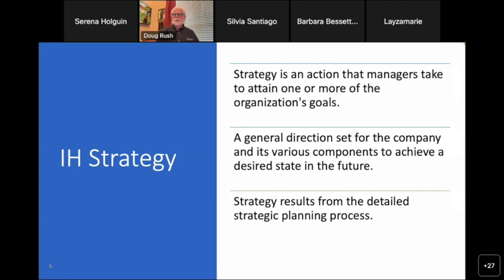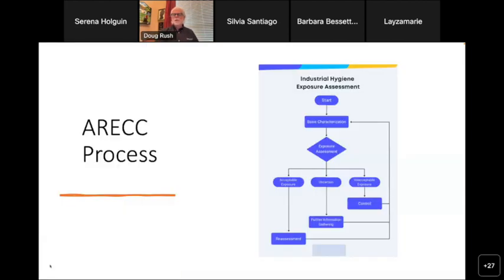The worst thing, with an engineer who's leading most of these plants, or an attorney who a lot of times is in charge, is to go to them without a strategy and just talk pie in the sky. They're not going to understand you and they're not going to support you. You just need a written strategy where you get people together and put together how you're going to accomplish this ARECC process.